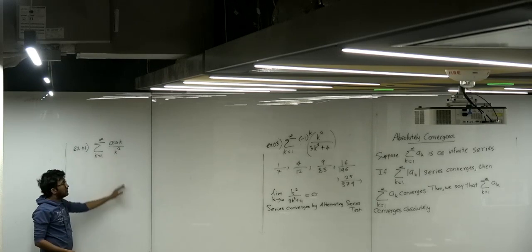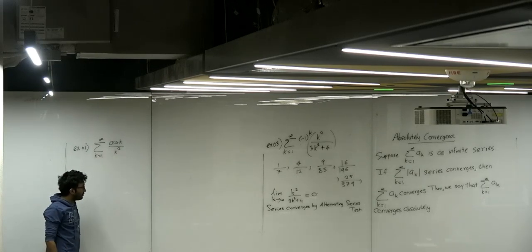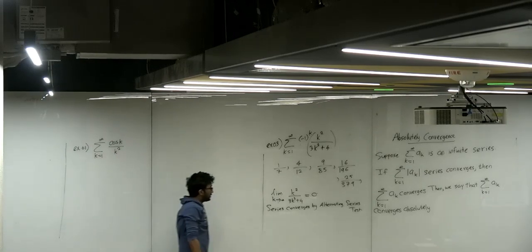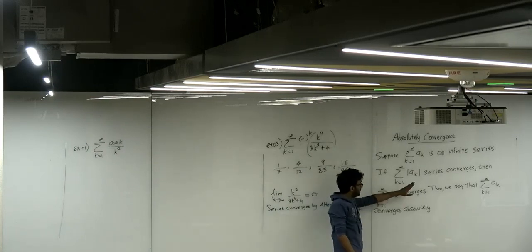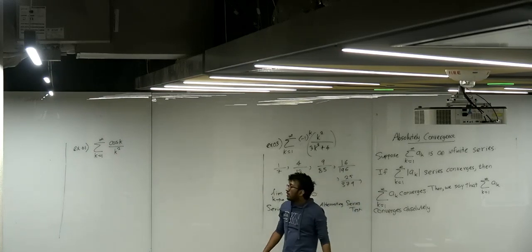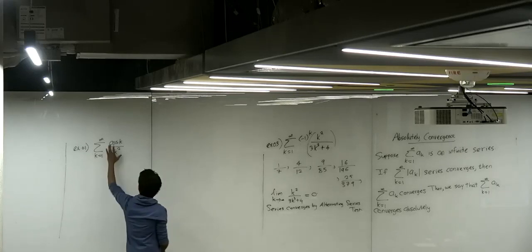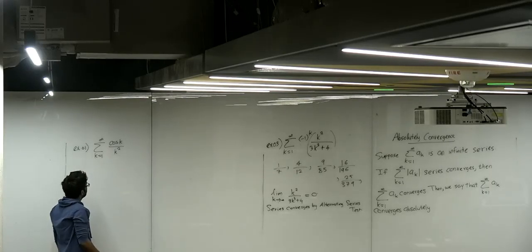But still, I do not know whether this is going to converge or diverge. So what can we do? Let's use this test. Now you have cosine k divided by k to the power 2.